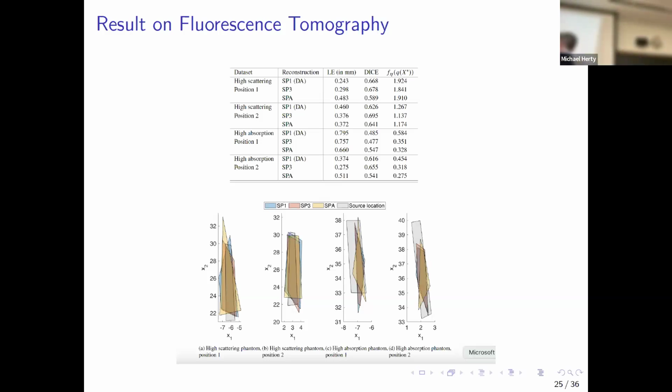Then they have the pictures of the phantom and the pictures of the recovered location. It's probably not very visible, but the point is that with the SP5, with this adaptive method, we were able, of course, to get a better location of the original source compared with the original algorithm.